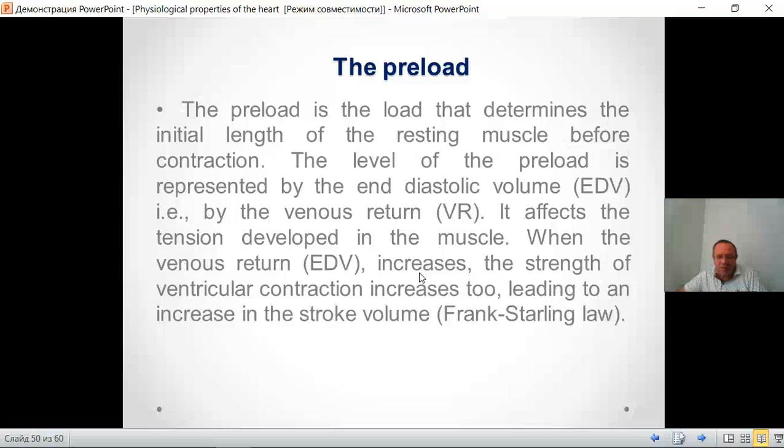The level of the preload is represented by the end diastolic volume. By the venous return, it affects the tension developed in the muscles. When the venous return increases, the strength of ventricular contraction increases too, leading to an increase in the stroke volume. This is the Frank-Starling law.